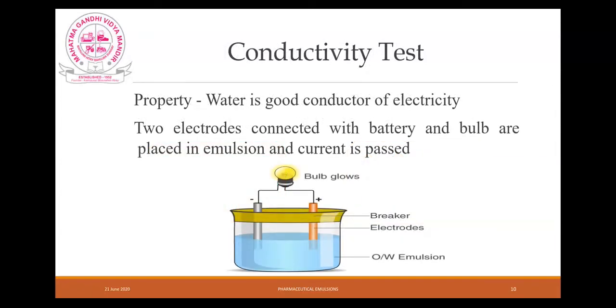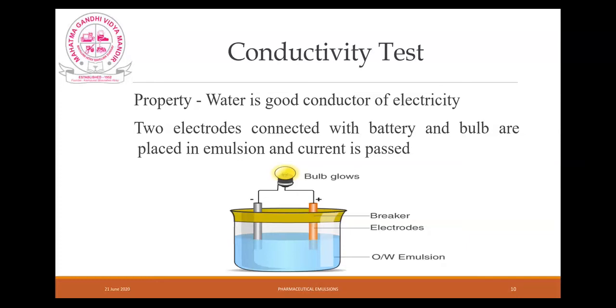Next is the conductivity test. We all know the property of water, that water is a good conductor of current or electricity. Here the test is carried out with two electrodes connected with a battery and bulb placed in the emulsion and current is passed.